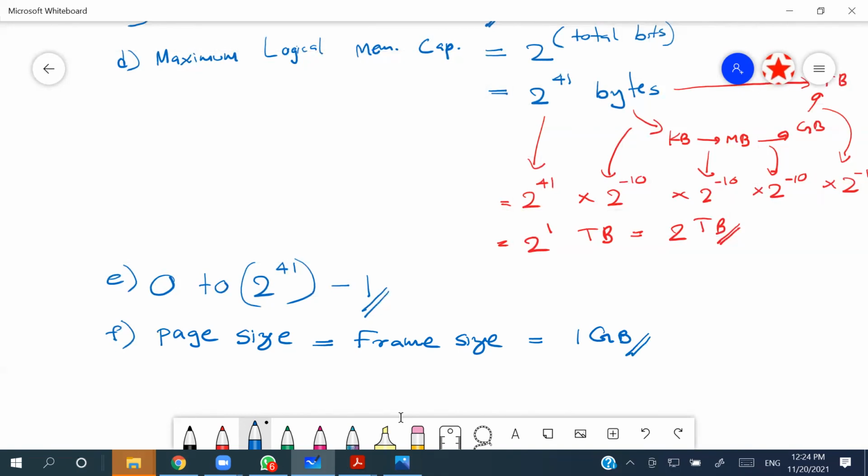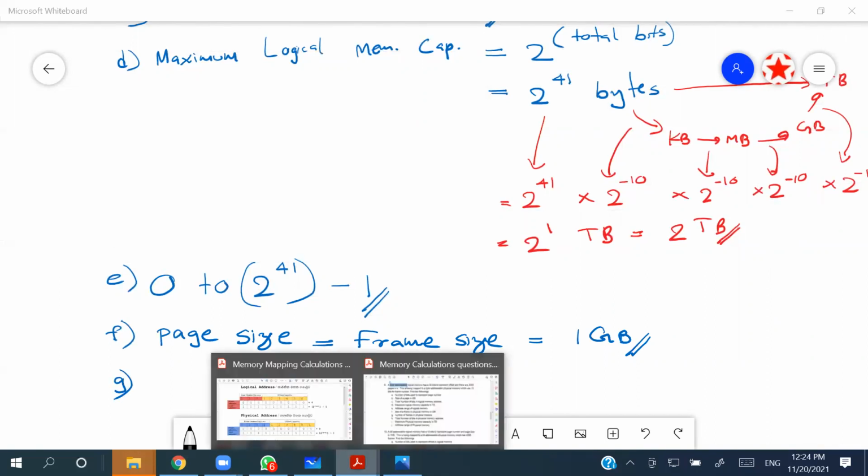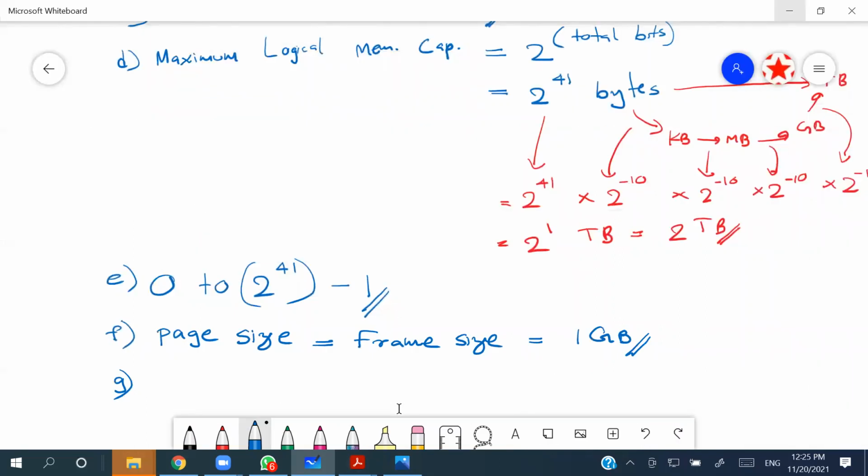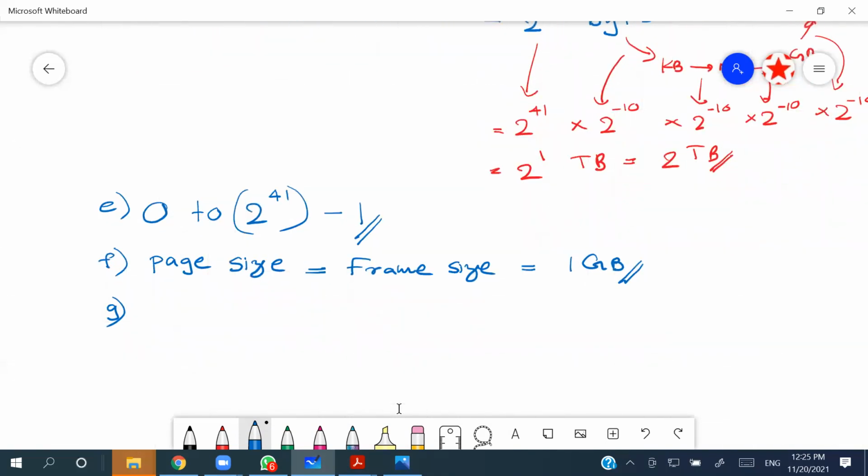Simple as that. You don't need to do any calculations. Right? And in part G, what they are asking is the number of frames in a physical memory. Now that, of course, can be found because the number of frames depends on the frame number bits. So the number of frames equals 2 to the power of the frame number bits.